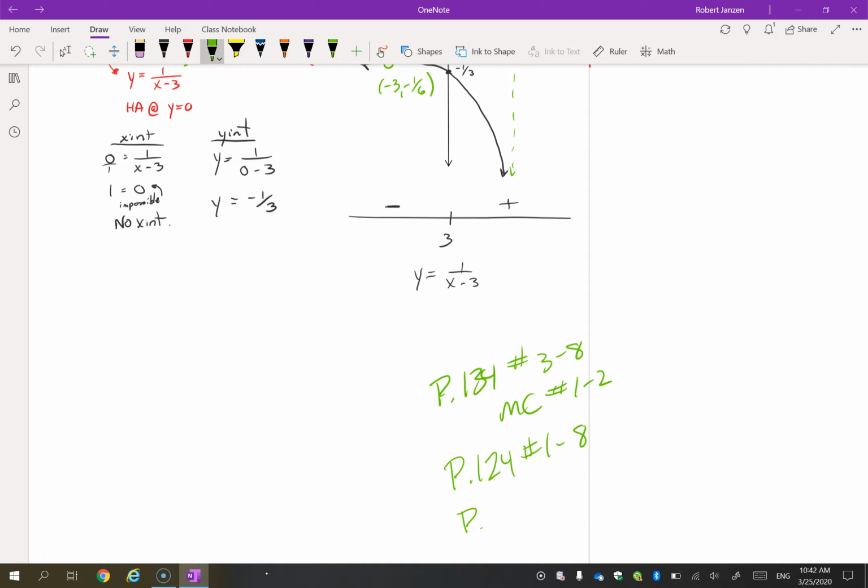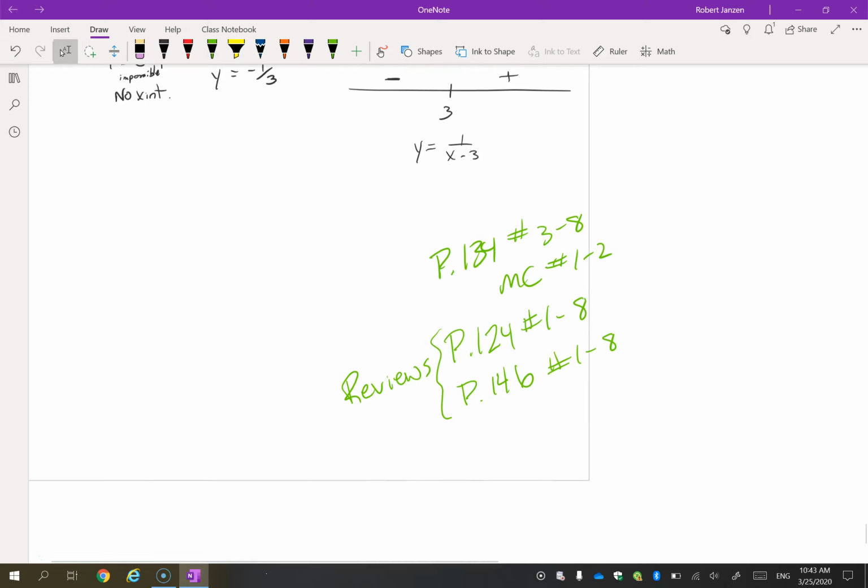And then the practice test is on 146, I think. These might both be reviews, I'm not sure. But if you're still struggling with these graphs, don't forget I also have a big test review posted. There are lots of examples in there. Okay, make sure you're trying those. All right, good luck with those. We're finished Unit 5.